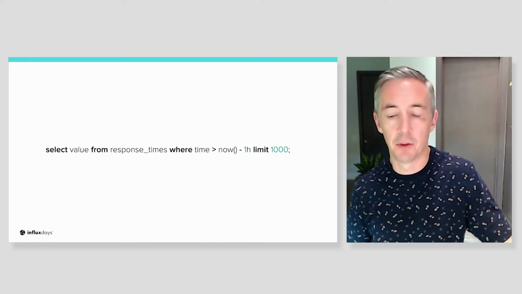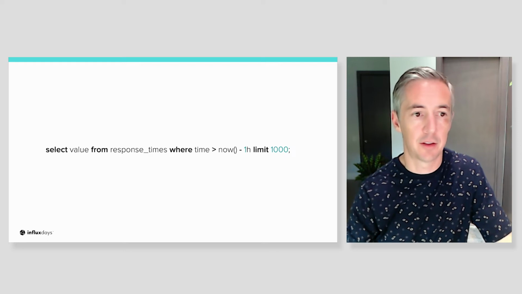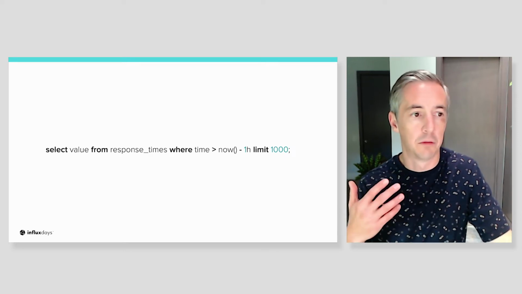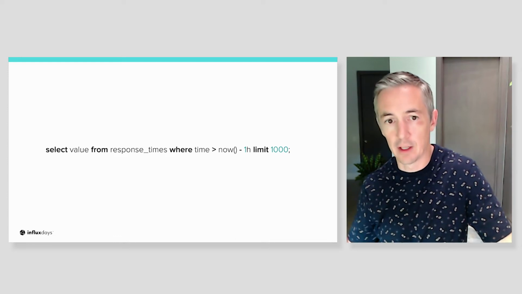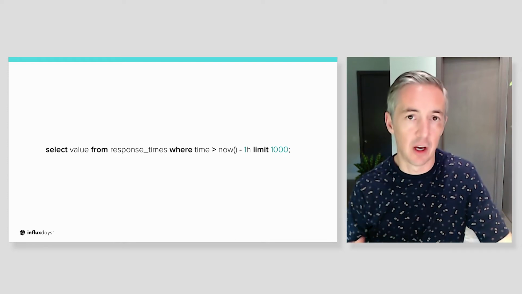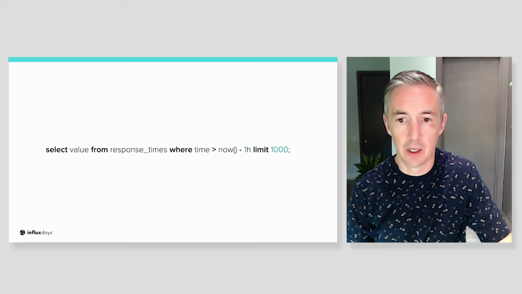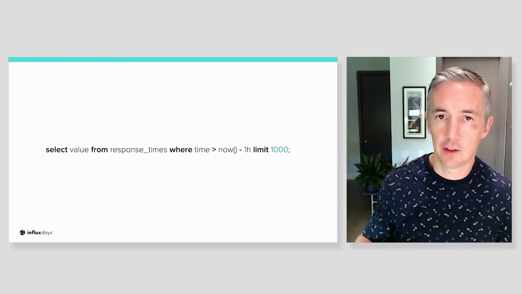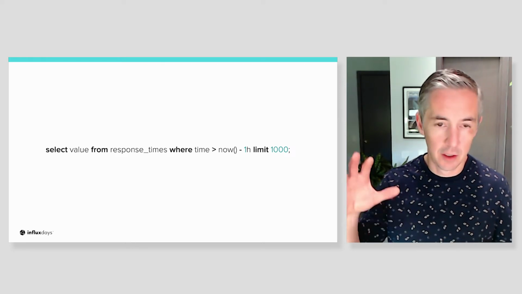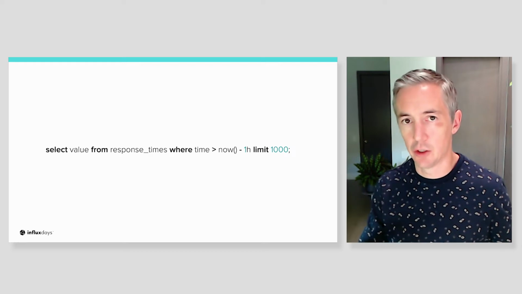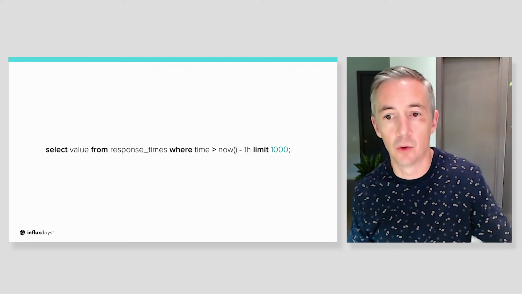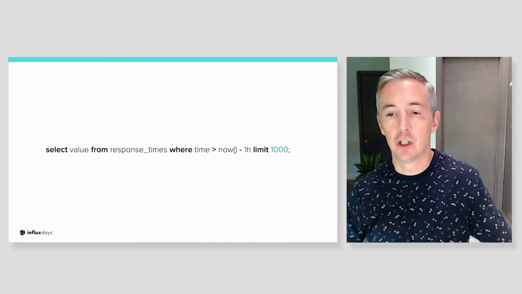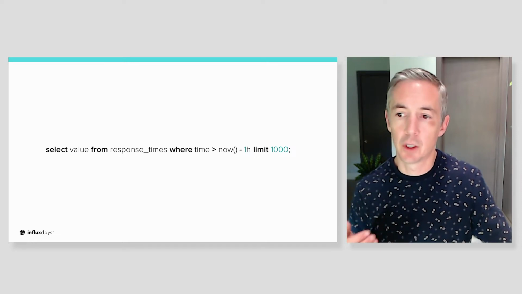So here's an example of a query from that early system, right? We're getting the value from response times for the last hour and just the first 1,000 values. The underlying structure of InfluxDB at this time was that it used LevelDB as the storage engine. LevelDB was an open source project, originally built at Google, and it was super efficient for ingesting a bunch of data really, really quickly.